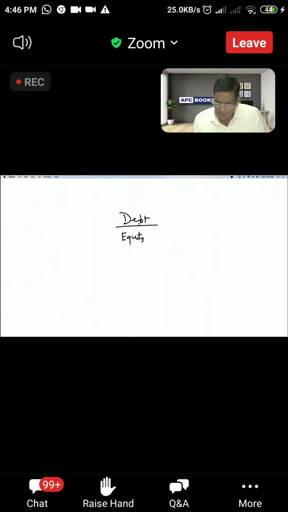Debt equity, what was debt equity? Debt means long-term debts, and equity means shareholders' funds. That was the debt equity ratio, which was already in the syllabus.